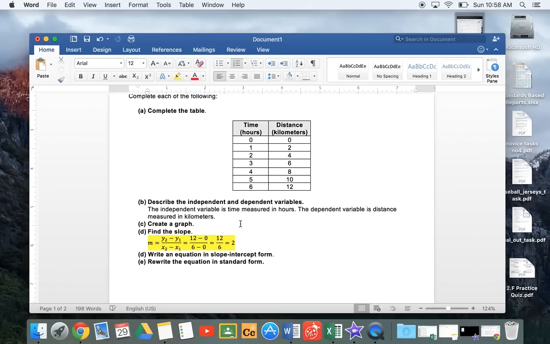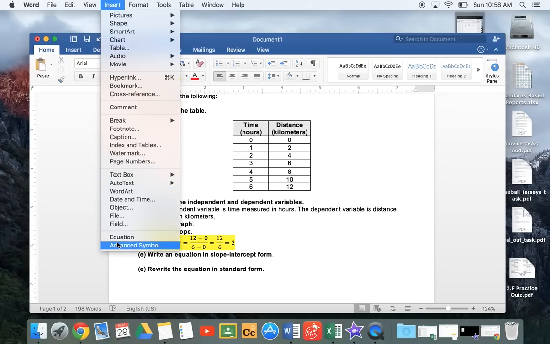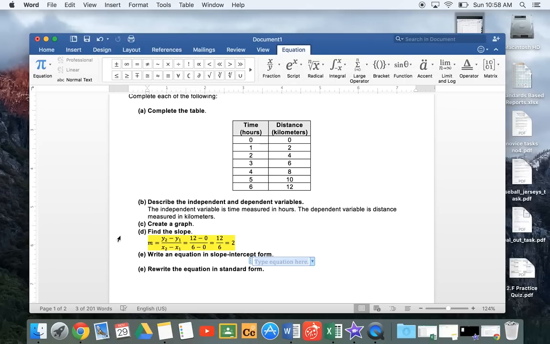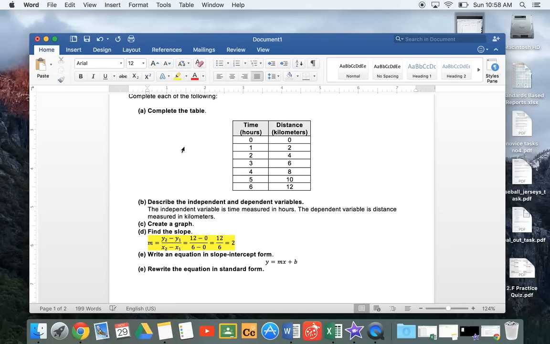And then it wants us to write an equation in slope-intercept form. And slope-intercept form, I'm going to go ahead and insert this as an equation, is y equals mx plus b. And if you want a 4, you should put that formula in there.